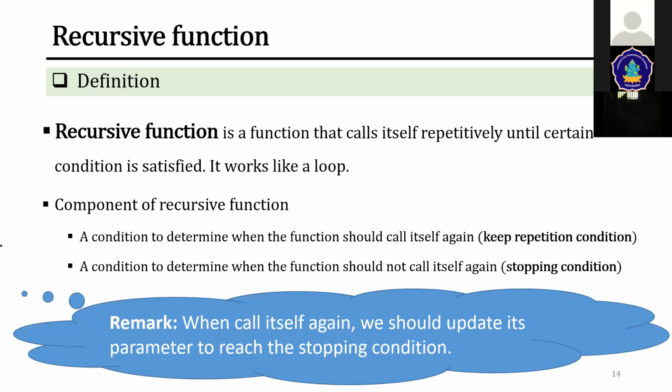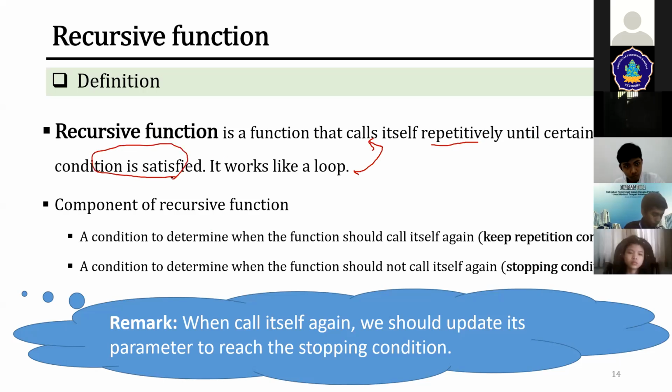We will go a little bit more, then see some examples, and go into the coding environment together. To make it easy, we just repeat it again. A recursive function is a function that calls itself repeatedly, again and again, until a certain condition is satisfied.